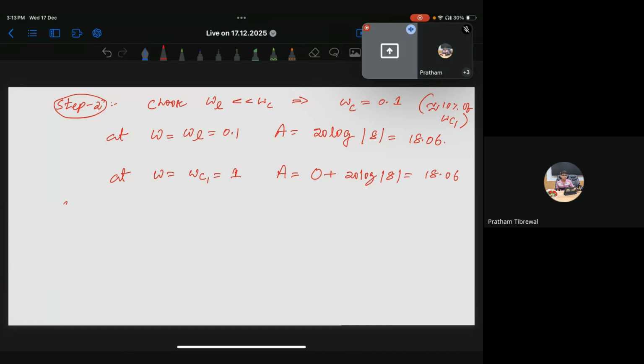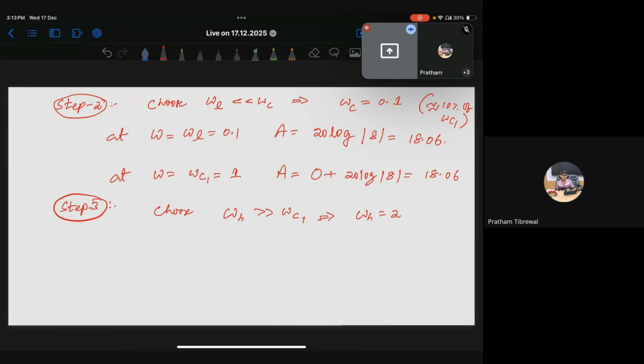Next, step 3. Because omega c1 is 1, we choose omega H much greater than omega c1. Let's choose 2.